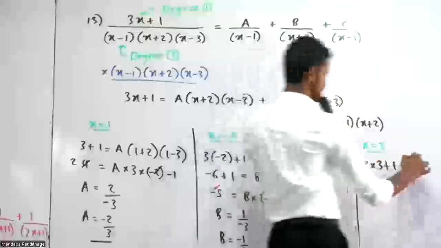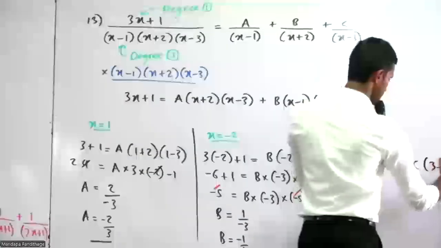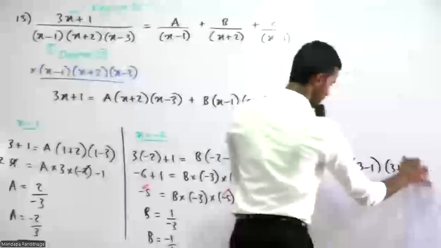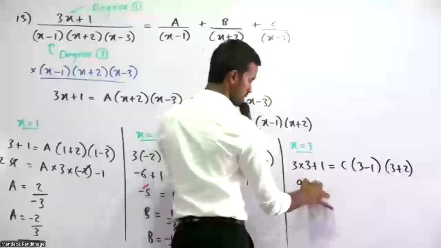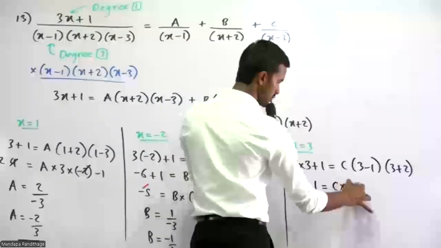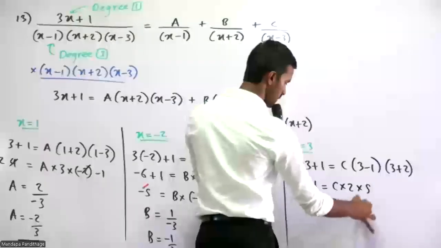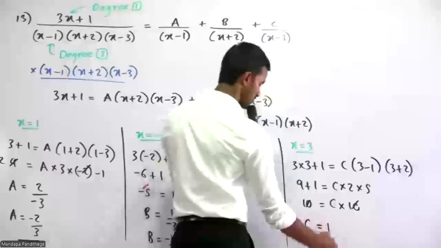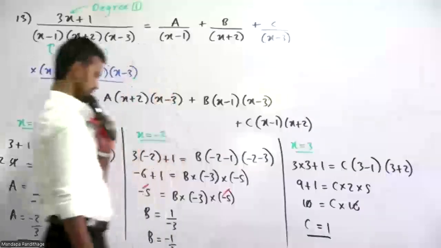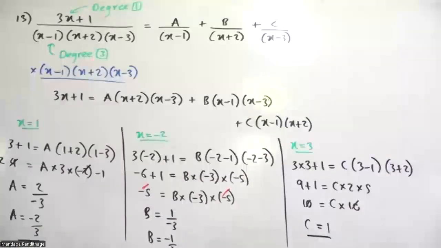Only remaining is this C into 3 minus 1 and 3 plus 2. Clear? So it's 9 plus 1 is equal to C into 2 into 5. So 10 is equal to C into 10, no? So I get C is equal to 1. So after getting C equals 1, and B and this one, you can write the final answer. Clear? Okay, hands up if this is clear.